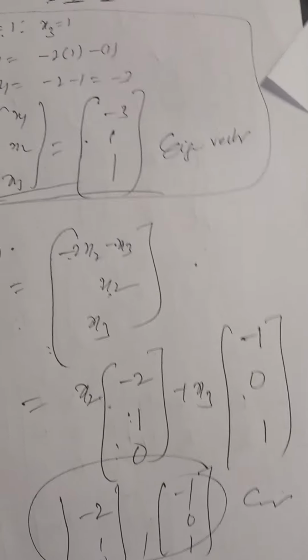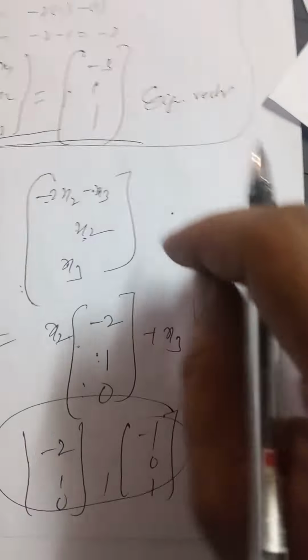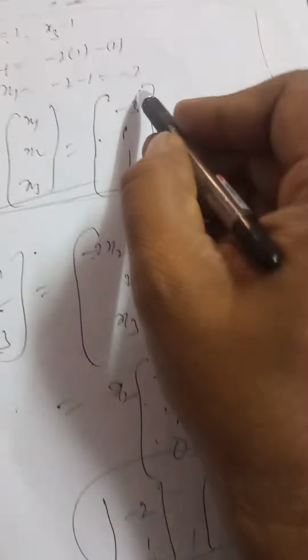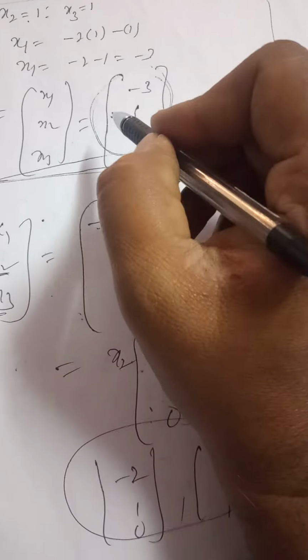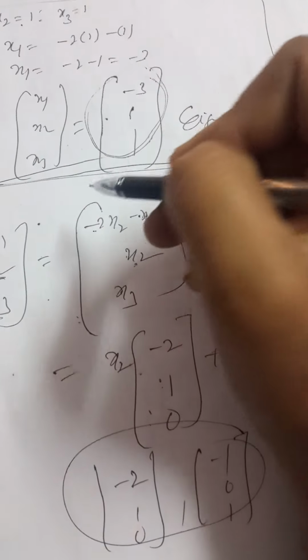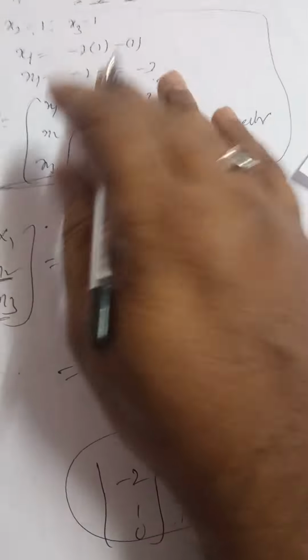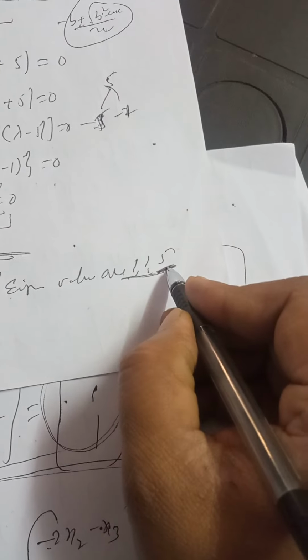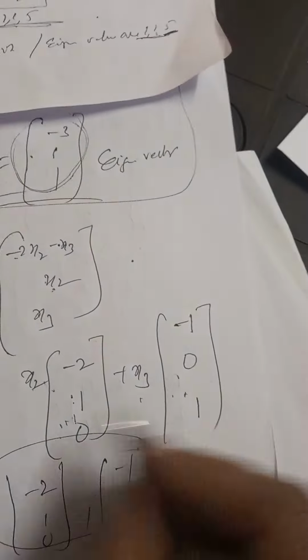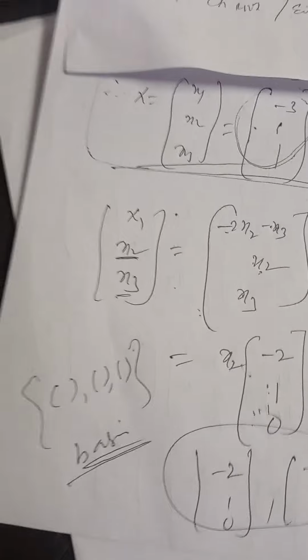Now what is the basis for the eigenspaces? Basis means we got the eigenvector corresponding to lambda is equal to 1, no? And also you will get the eigenvector corresponding to the eigenvalue lambda is equal to 5, no? Now that eigenvector and these two, the collection of them row-wise, is called the basis for the eigenspace.